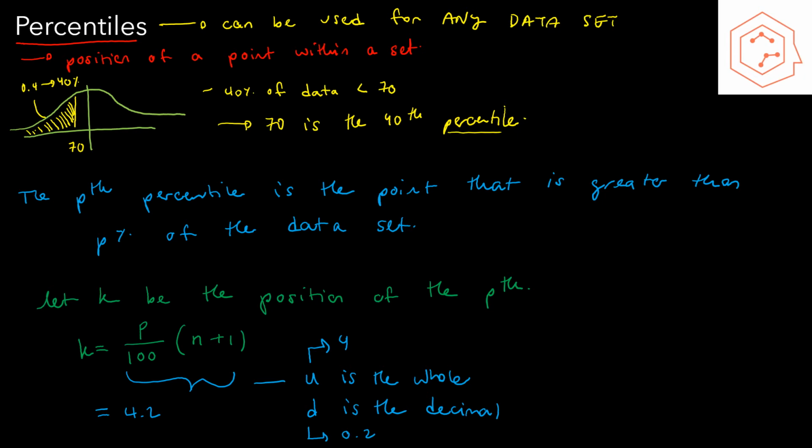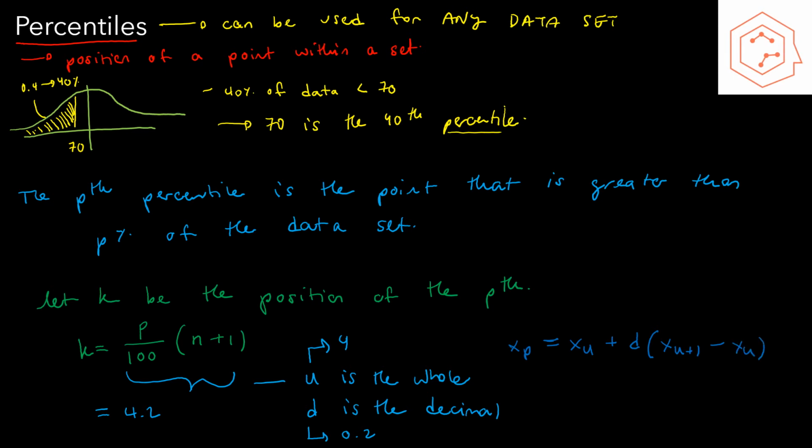The way you'd find your percentile in that case, your percentile x_p is equal to the position for the whole number, so the 4th entry in your data set, plus whatever your decimal is multiplied by the difference of the next entry minus the current entry. So x_(u+1) minus x_u.